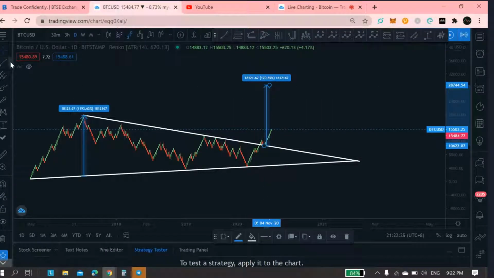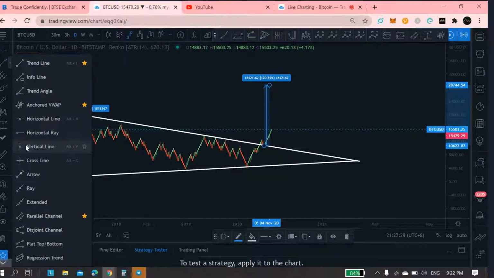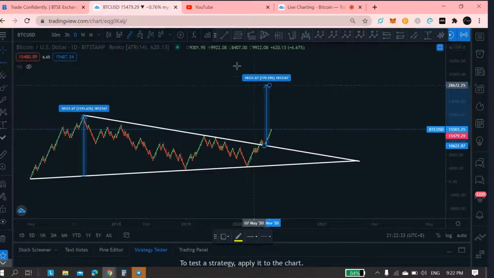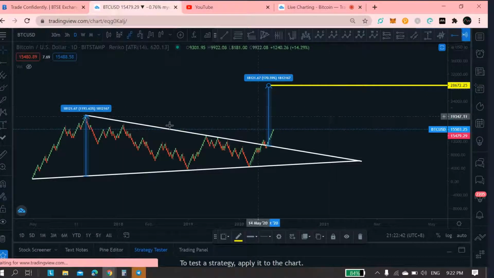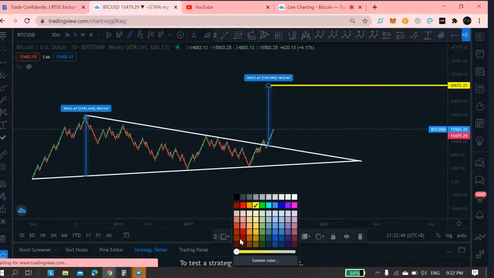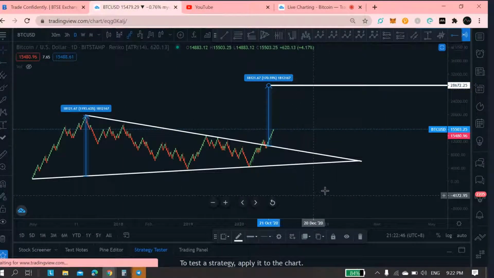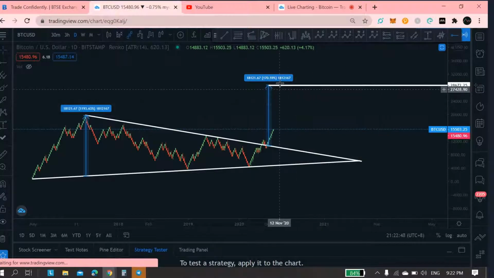So around the 28,700 area. Let's change it to white. That's my next possible target for BTC.